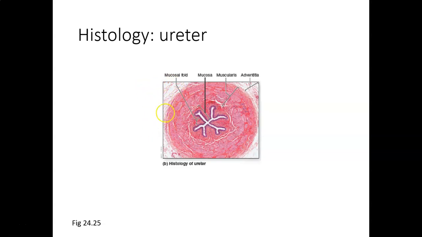That's called peristalsis, right? The same kind of movement the digestive tract uses to move material inside. So therefore it has a pretty prominent muscularis, and you can see multiple layers of smooth muscle.